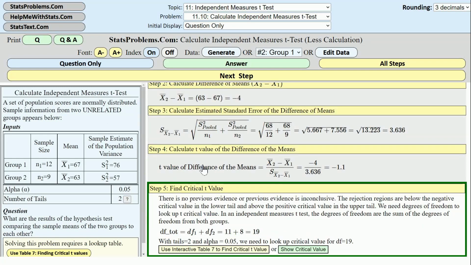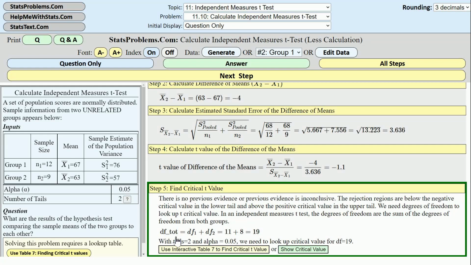In Step 5, we find the critical t-values. There is no previous evidence, or previous evidence is inconclusive. The rejection regions are below the negative critical value in the lower tail and above the positive critical value in the upper tail. We need degrees of freedom to look up the t critical value.